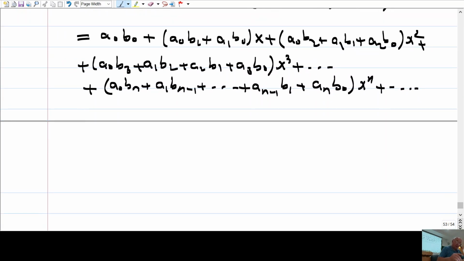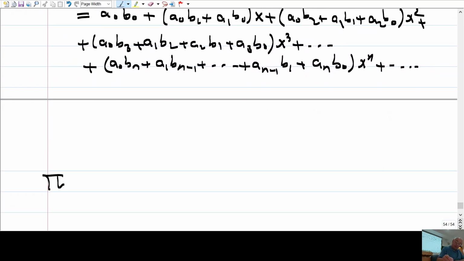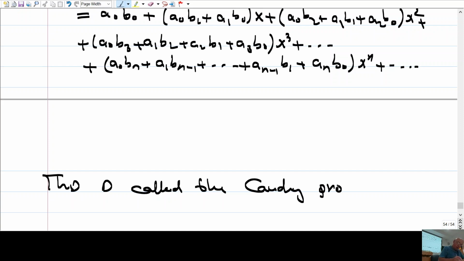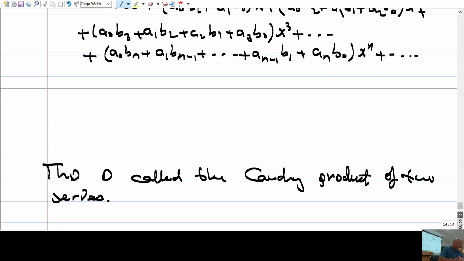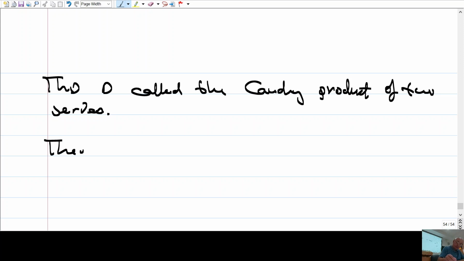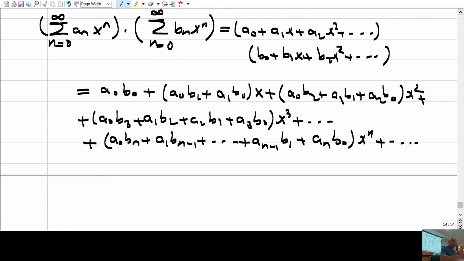This is called the Cauchy product of two series, and the theorem is this: if both series are convergent, then the product series is also convergent.